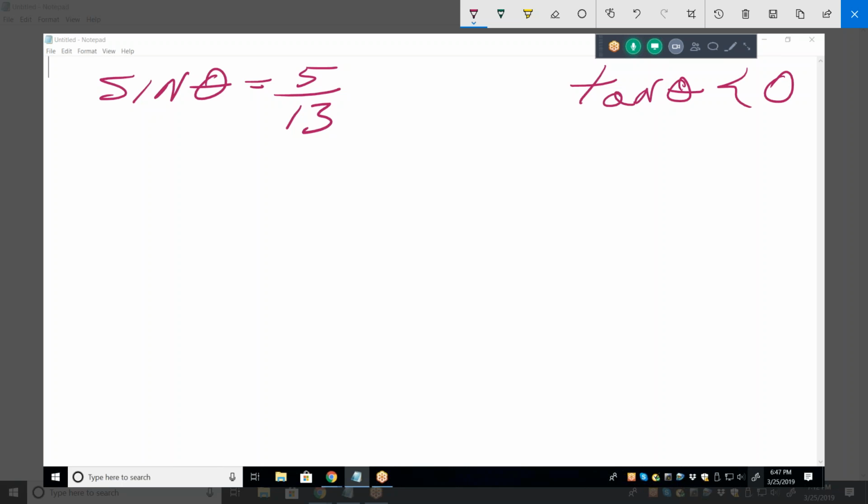What two quadrants is tan of theta less than 0? 2 and 4. How about sine theta? Where is sine positive? In other words, we've been told it's positive. So 1 and 2. So what quadrant are we in? 2. Correct.